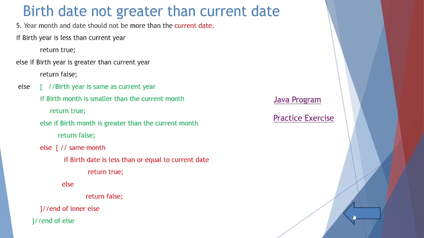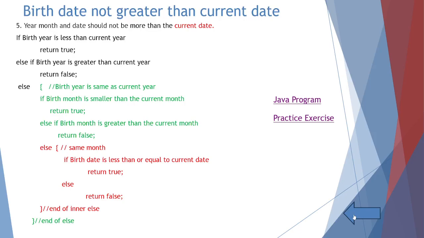And else if birth month is greater than current month, whatever month, but birth month is greater and birth year is same, in that case, return false. Else, in same month also, till current date, if a child is born, we don't have any problem. So if birth date is less than or equivalent to current date, return true, else return false.